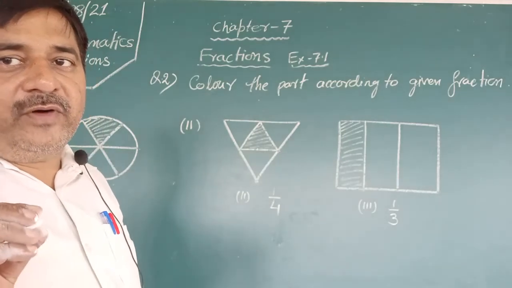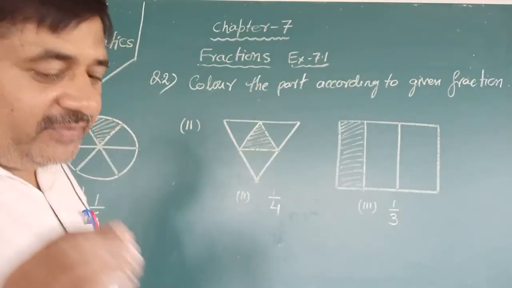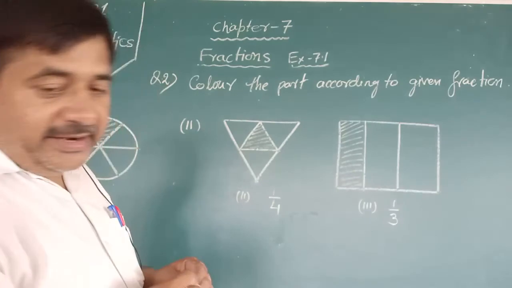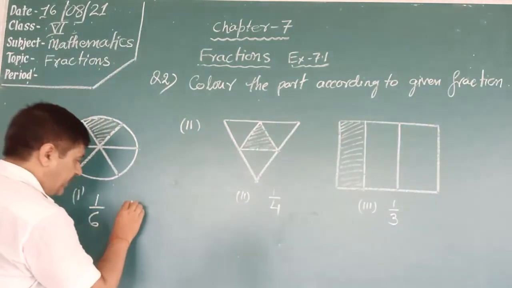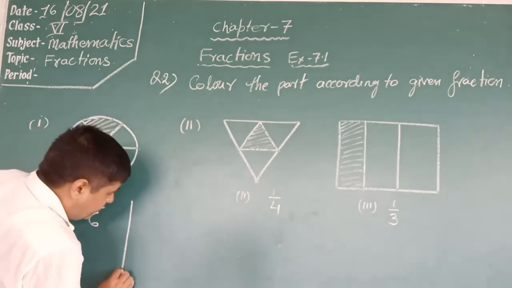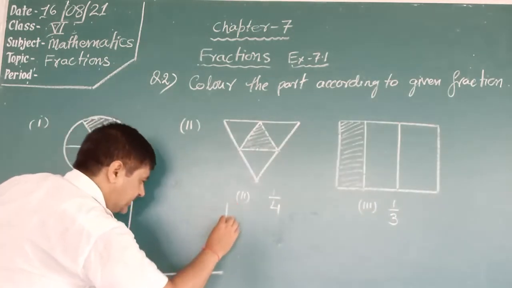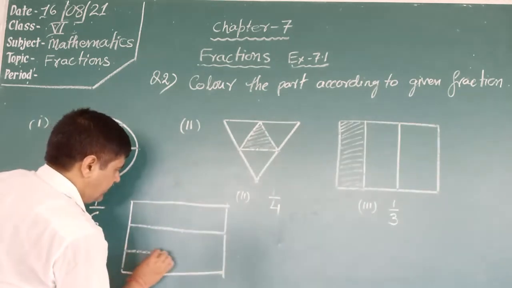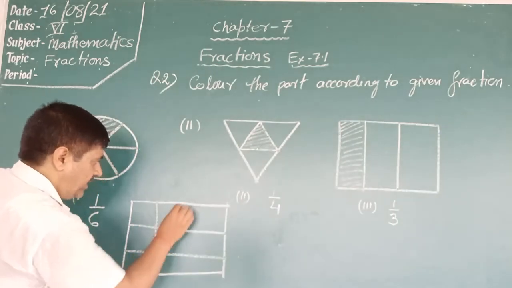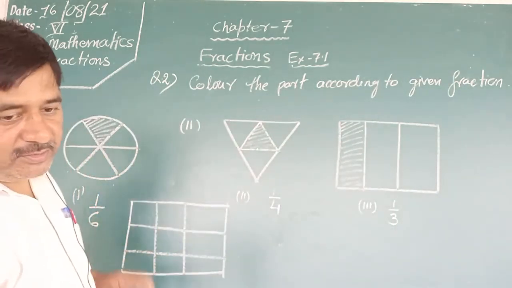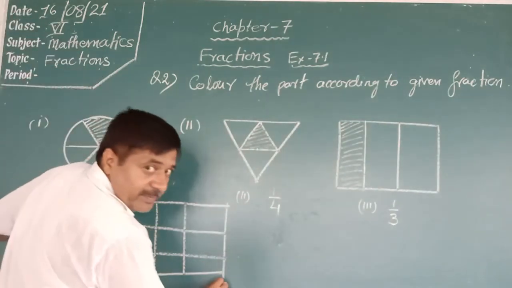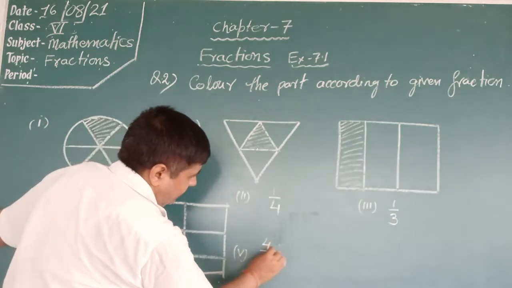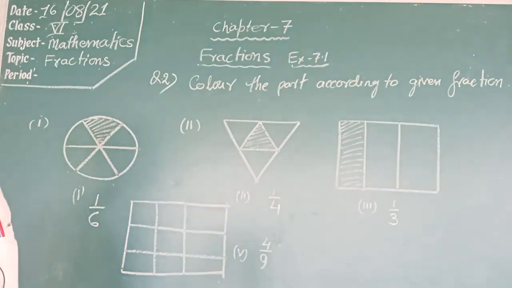And similarly the fourth part is homework for you, and the fifth part I will solve. Suppose this is the fifth part given, and this will be made into 9 parts. Okay, this is your fifth part, and given is 4/9.